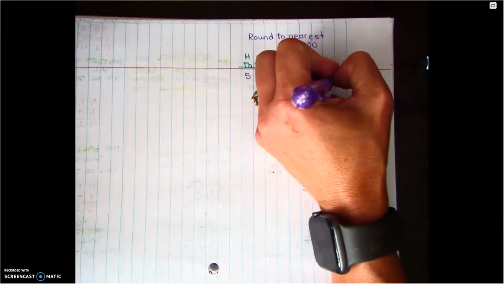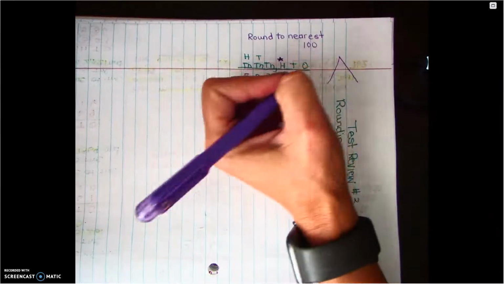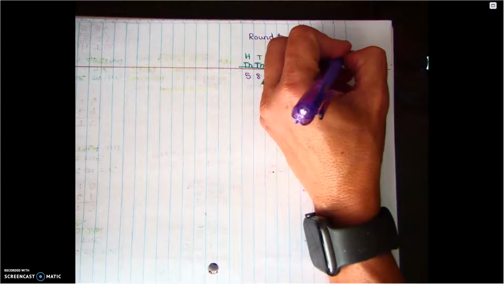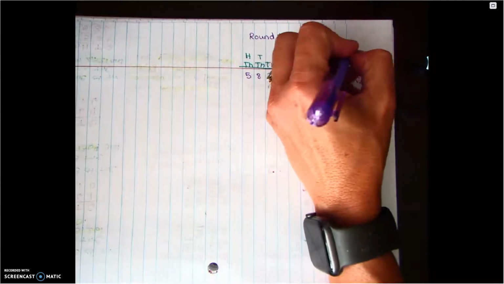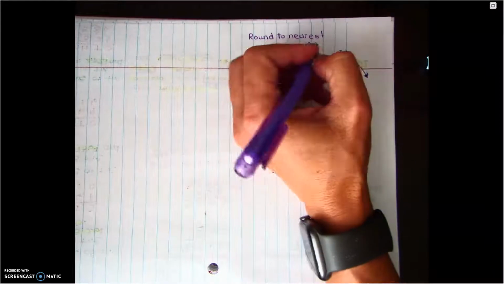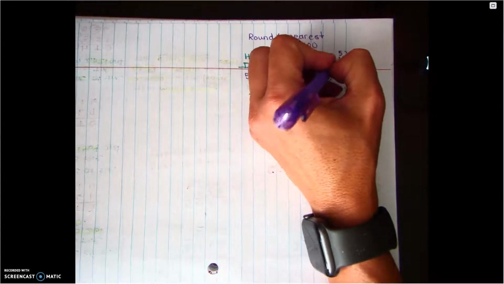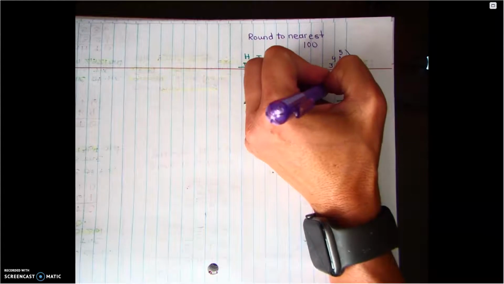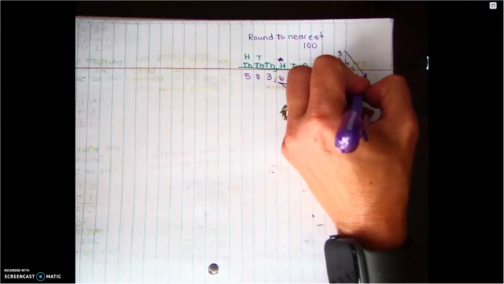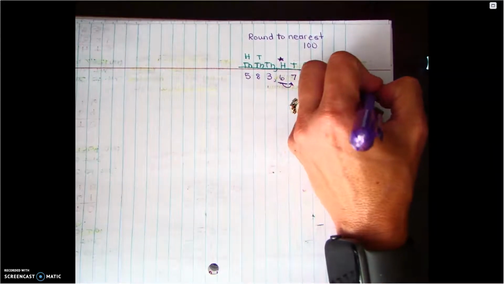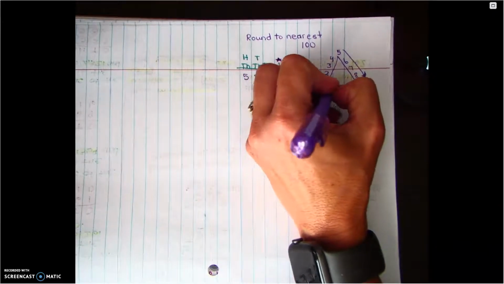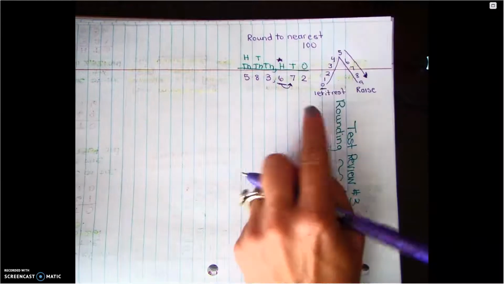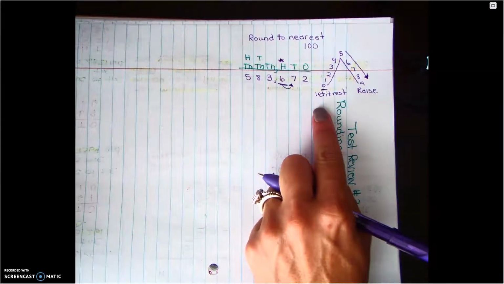Also, if you want to do your little mountain, you have your 5, 6, 7, 8, 9, that means it's going to get higher, and the 4, 3, 2, 1, 0, that means you're going to let it rest. So this is raise the score, and this is let it rest. If you need to draw your helper, please draw your helper.